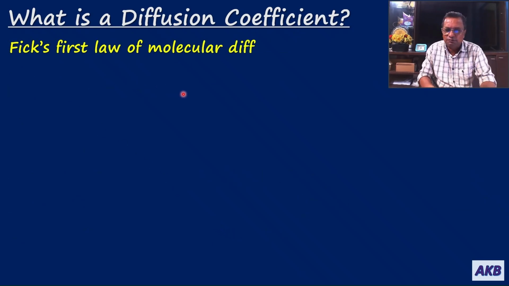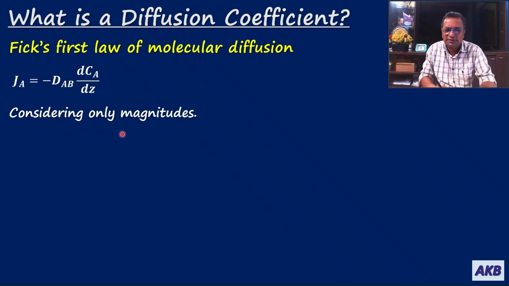Fick's first law of molecular diffusion we just saw. Ja is equal to minus DAB dCa by dZ. Now, if you just consider the magnitudes, that is, if you ignore the direction of diffusion, you can simply write the equation as Ja is equal to DAB into dCa by dZ. And from this equation, you can write an expression for DAB. So, DAB will be equal to Ja upon dCa by dZ.